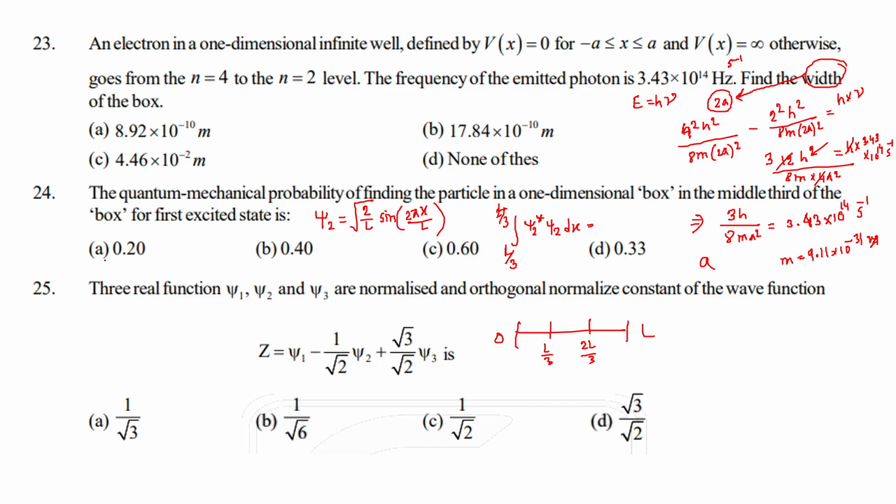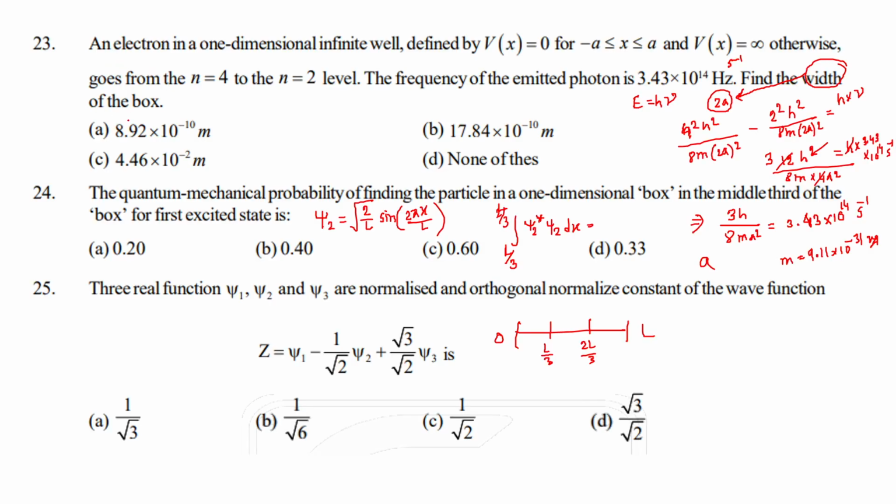Now, the last question here: the three real wave functions psi 1, psi 2, psi 3 are normalized and orthogonal. So what is the normalization constant of the z wave function? Obviously if z is normalized, then z star z, or in bracket notation, it is going to be 1.